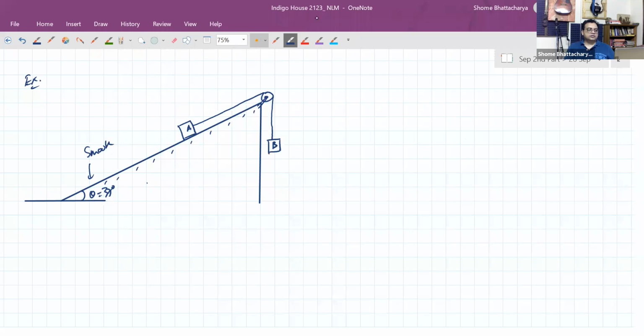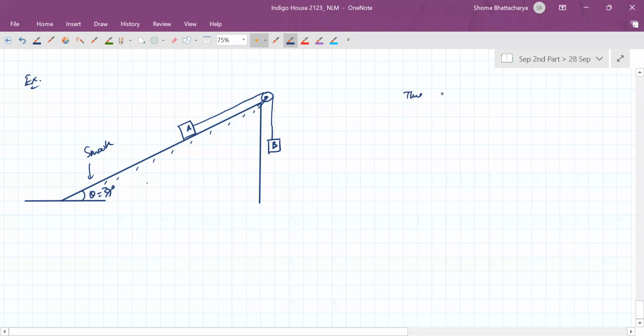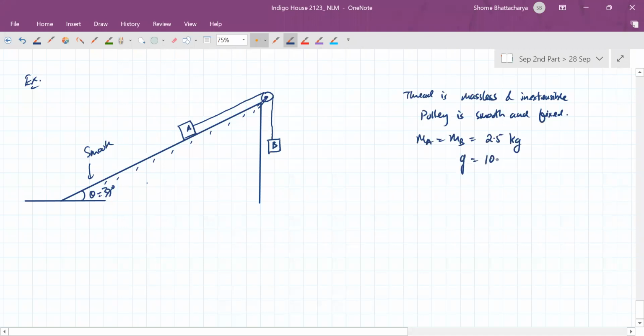Okay. Now all the things are standard, so the thread is massless and inextensible. The pulley is smooth and fixed, and mass of A is equal to mass of B, is equal to, let's say, 2.5 kgs each, and g is equal to 10 meters per second square.